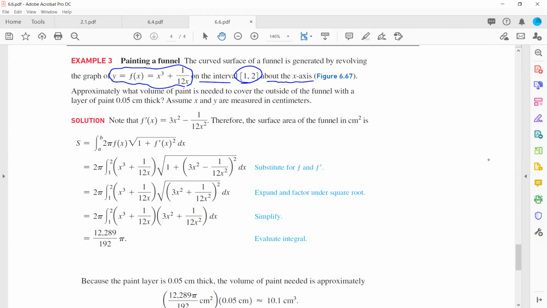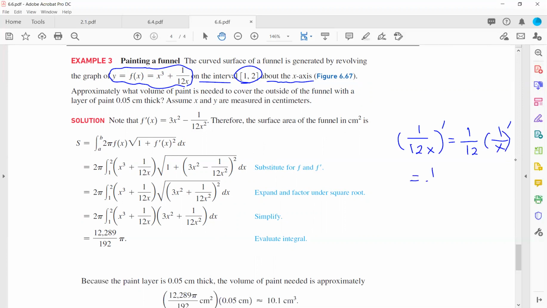2 pi f of x, square root of 1 plus the derivative of the function raised to the second power. So the derivative of x cubed is 3x squared. The derivative of, let me show you here, the derivative of 1 over 12x. First of all, you can write 1 over 12 outside the parentheses and just take the derivative of 1 over x.